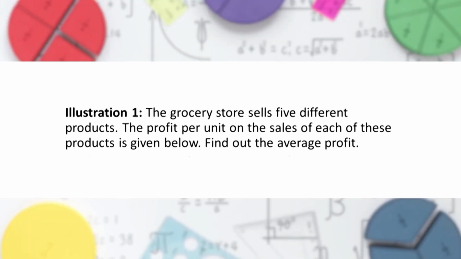Say, for example, in this illustration we have taken that a grocery store sells 5 different products. The profit per unit on the sales of each of these products is as follows, and you have to find out the average profit, or the mean profit, of the given data.